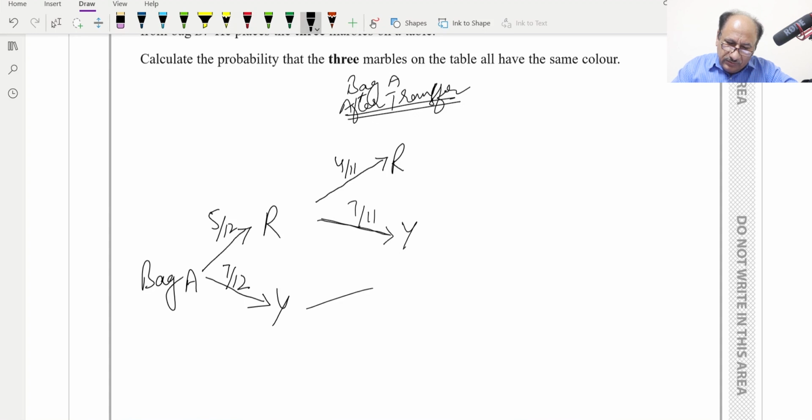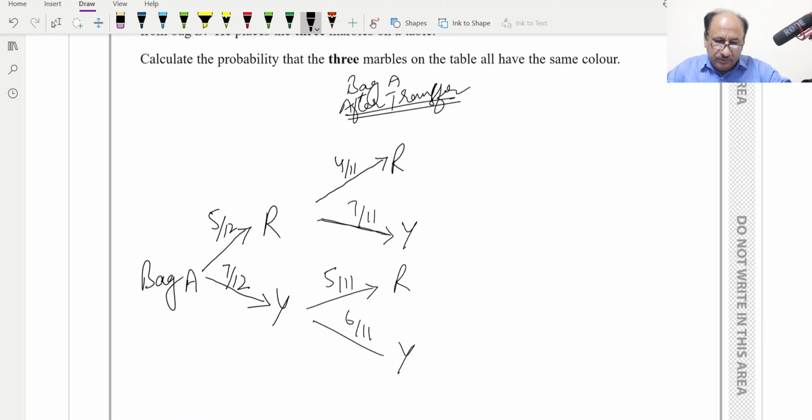Now there can be this situation that yellow is transferred, so it will be red and yellow. In this case also we can transfer here red and yellow, so this will be 5 over 11. Because red will remain the same, so 5, and 1 of yellow is gone, so it will be 5 over 11. And this one, if yellow is transferred, so it will be 6 over 11.